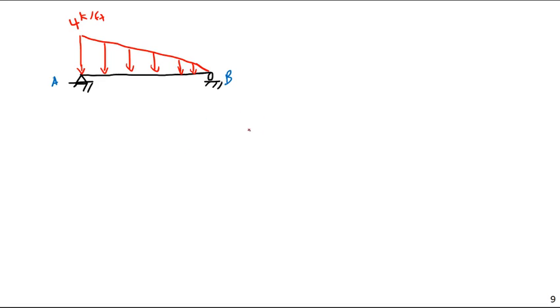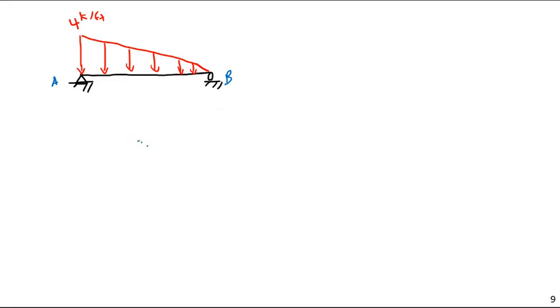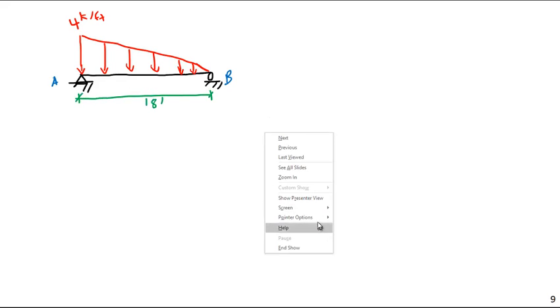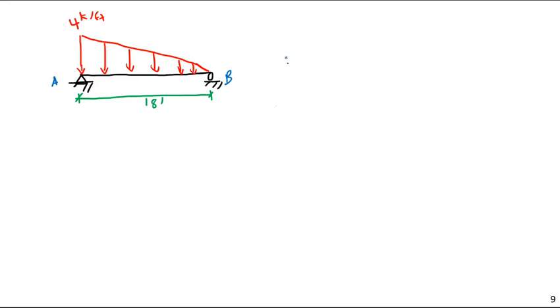Okay? So I'm given this, and I'm also given that the length of this thing is, let's say, 18 feet. And I wish to find V and M functions.